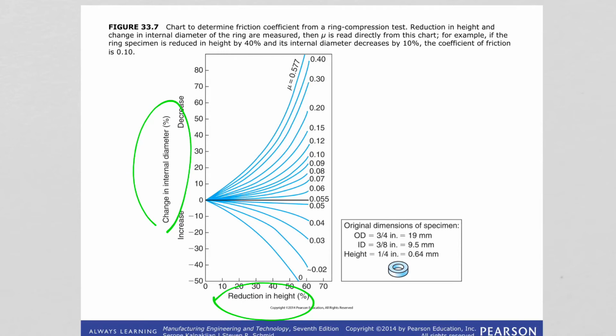For example, if there is a 40% reduction in height and a 10% decrease in internal diameter, it is approximately 0.1 as your coefficient of friction. That is how you read it.